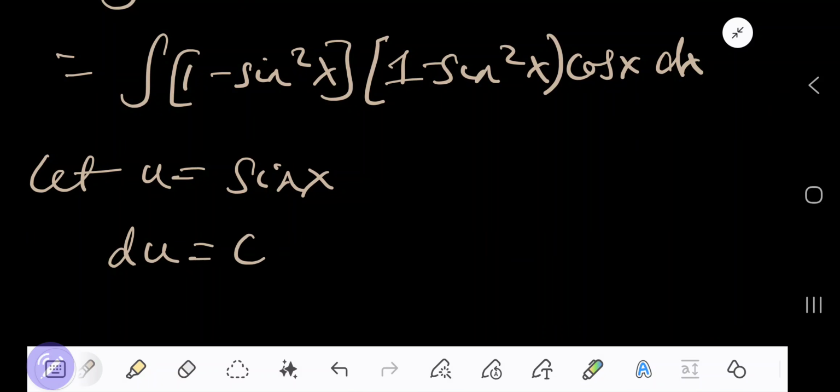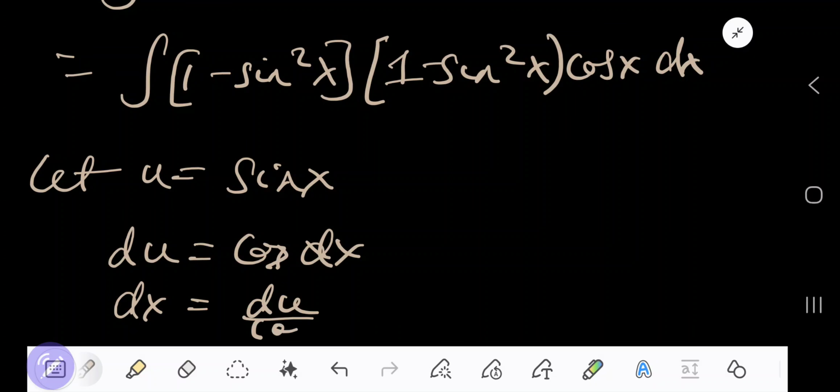So du would just be equal to cosine x dx, right? And dx would be equal to du by cosine x.